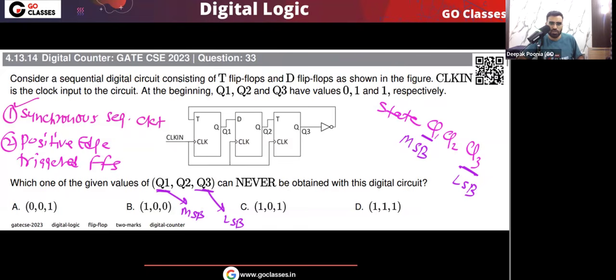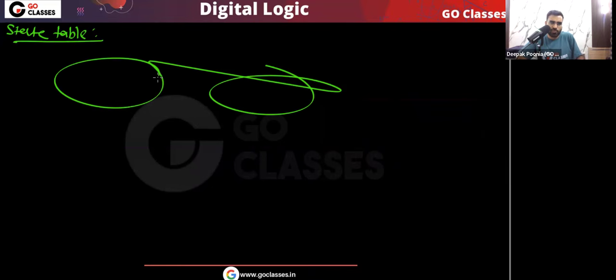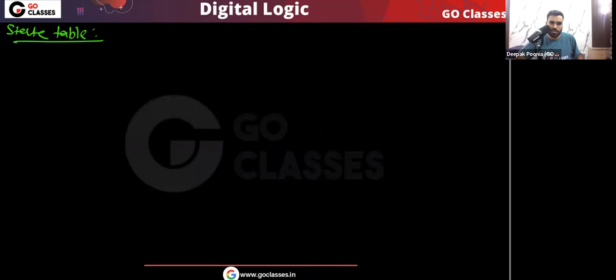Let me solve this question first by considering 0, 1, 1 as the present state, meaning I will start from 0, 1, 1. Let me make the state table. In the state table, I have columns for present state, flip flop inputs, and next state. The present state is Q1, Q2, Q3.